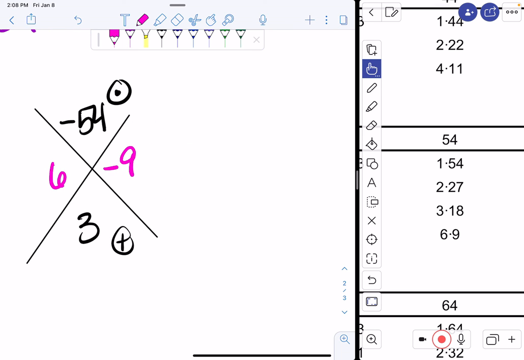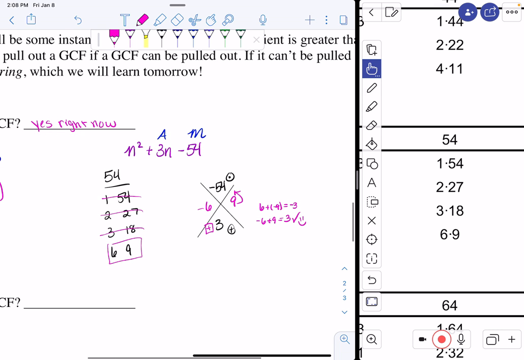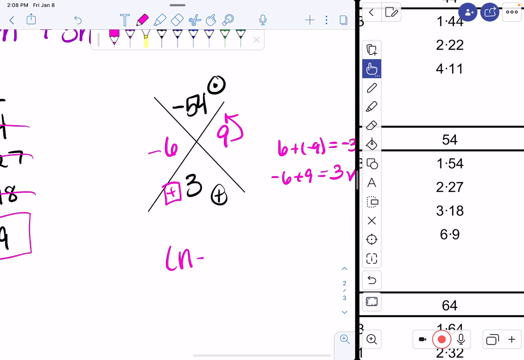But 6 plus negative 9 is negative 3. I want a positive 3. So let's make our 6 negative. Negative 6 times 9 is negative 54. That works. And negative 6 plus 9 is positive 3. Smiley face. So when I factor this, I get n minus 6 times n plus 9.